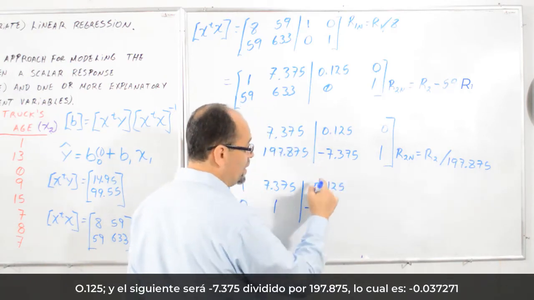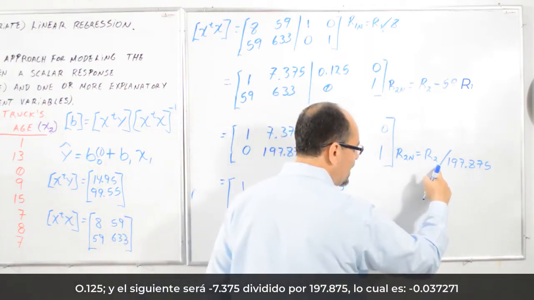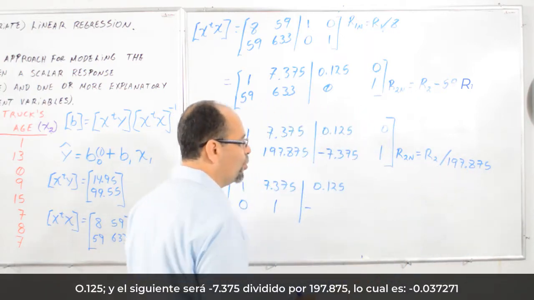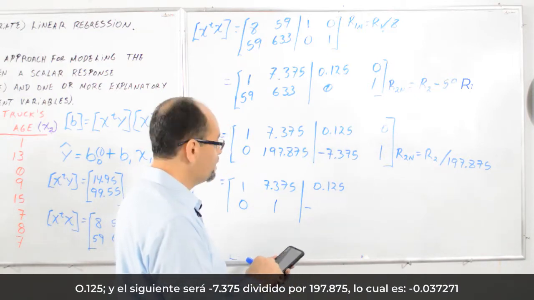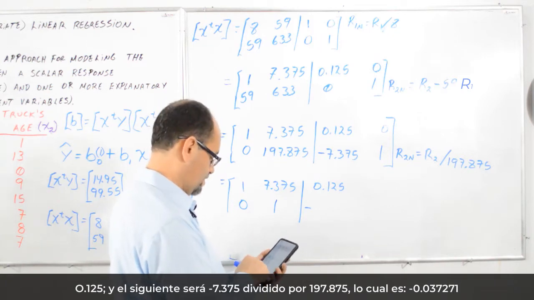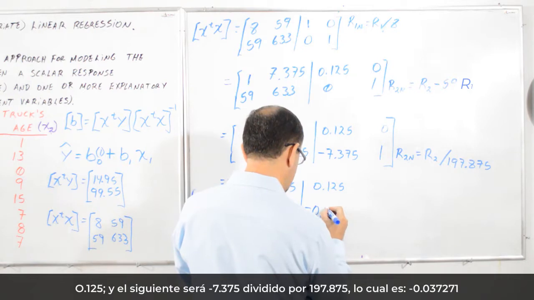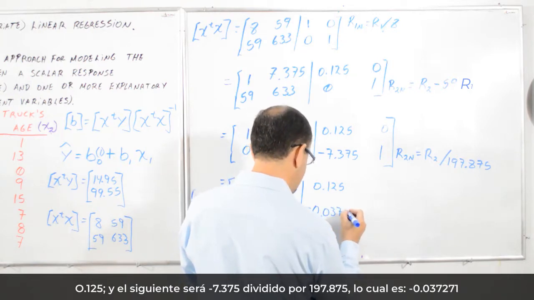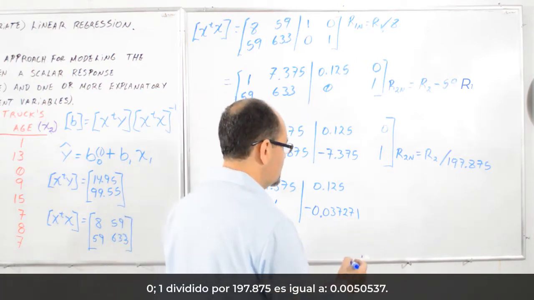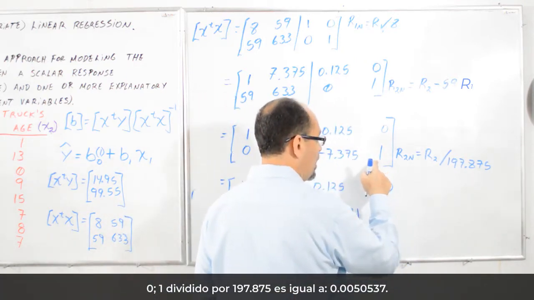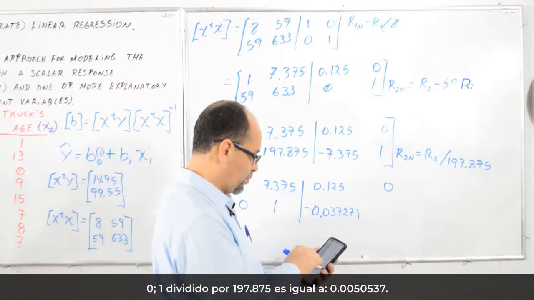Next one, it will be minus 7.375 divided by 197.875, and it will be 0.037271. Okay, 1 divided by 197.875.